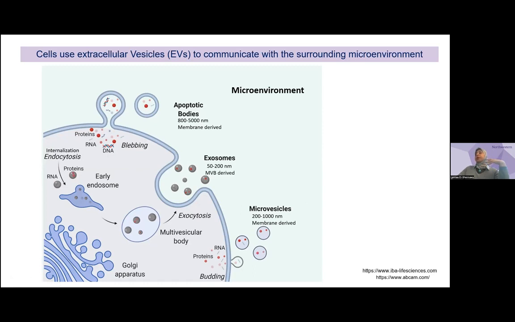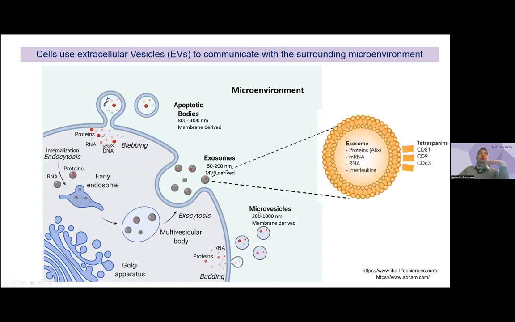From this, exosomes have been regarded as the best characterized small extracellular vesicles that likely participate in a variety of physiological and pathophysiological functions, as well as serve as a novel biomarker. As you see here, they are loaded with interesting cargo for communication, such as proteins and mRNA, and they have very significant markers on their surface, such as CD81 and CD63.